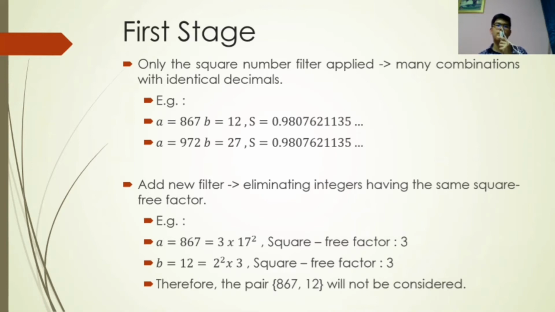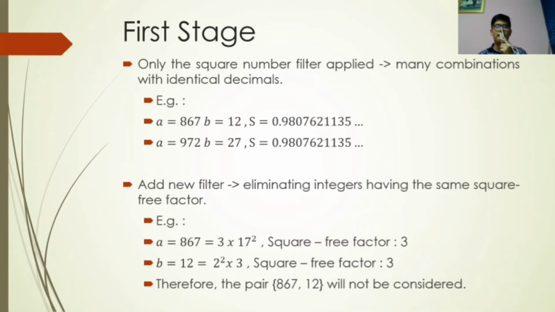As a consequence, eliminating integers having the same square free factor is applied as a new filter, or the second filter. The square free factor is defined by example.